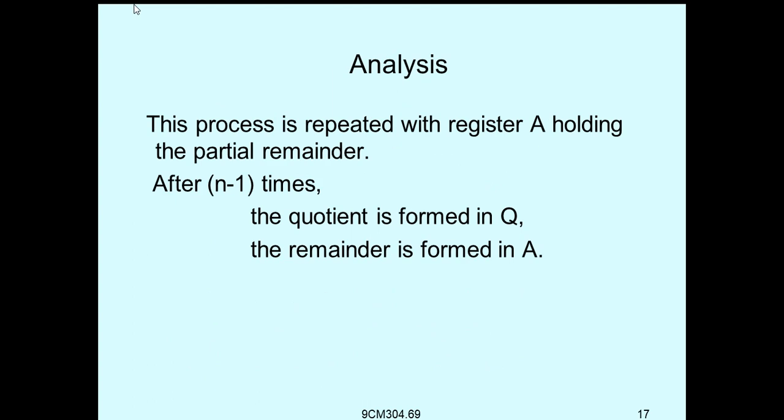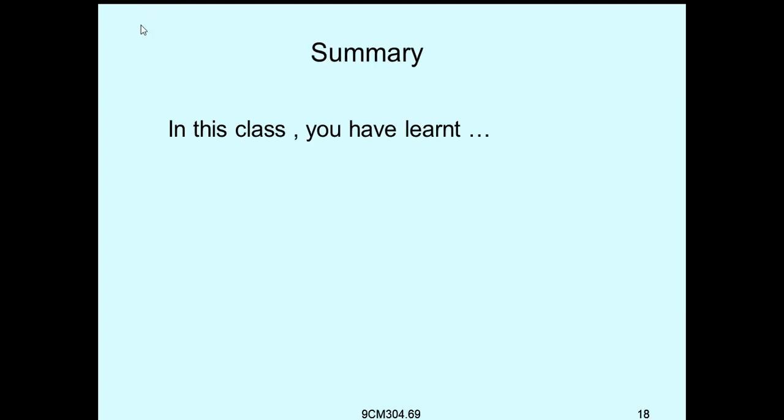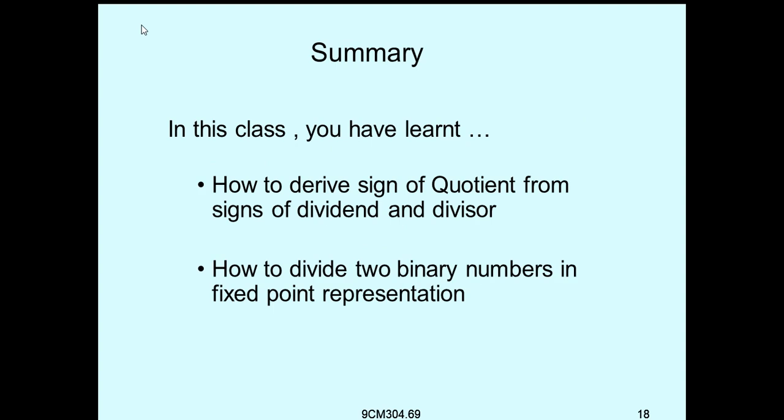The process is repeated with the register A holding the partial remainder, n minus 1 times. After n minus 1 times, the quotient is formed in Q and the remainder is formed in A. So this is the way to do the division of two binary magnitude numbers.